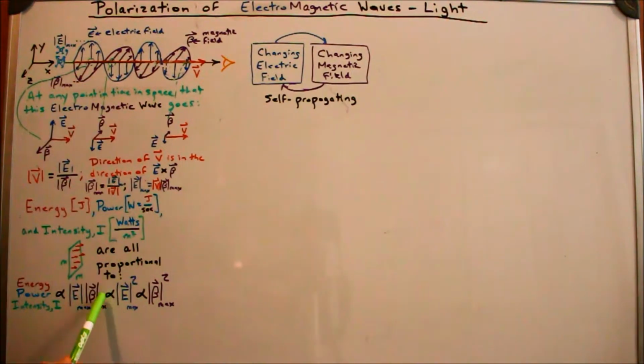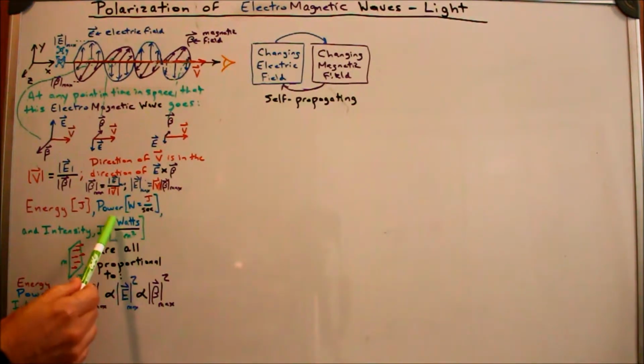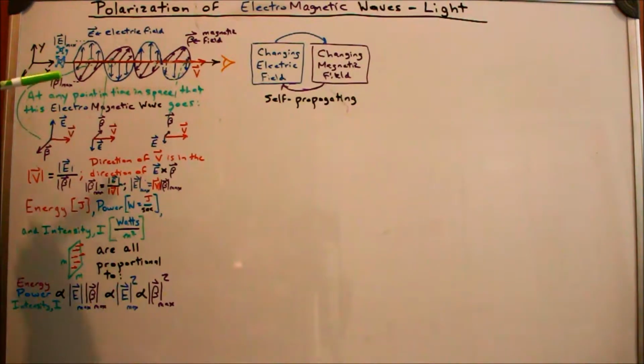For polarization, typically we're going to focus on this: that intensity, which is power per unit area perpendicular to the direction of travel of the wave, is proportional to the magnitude of the electric field squared.